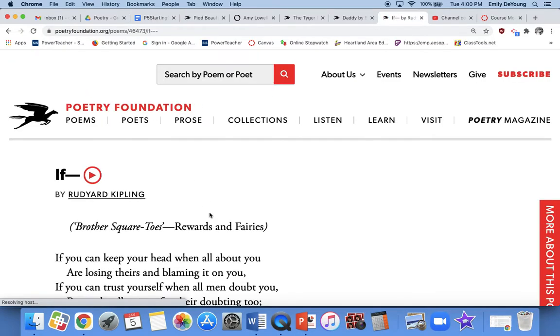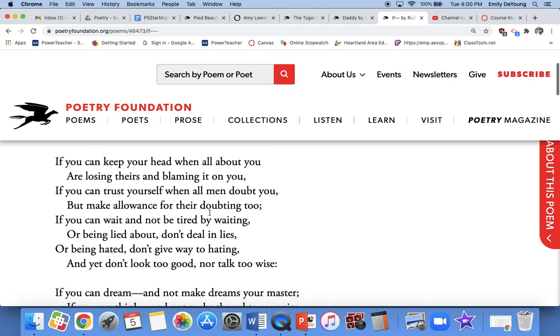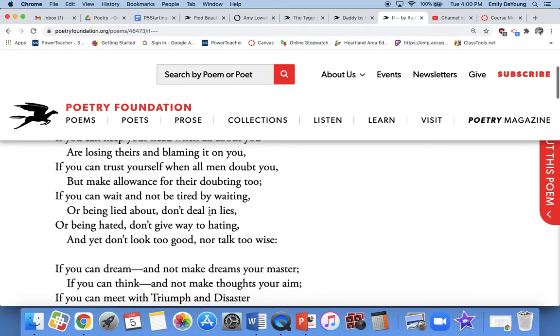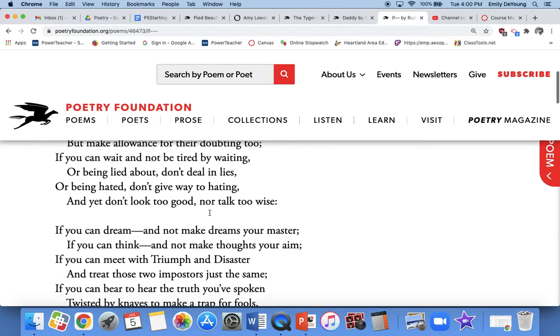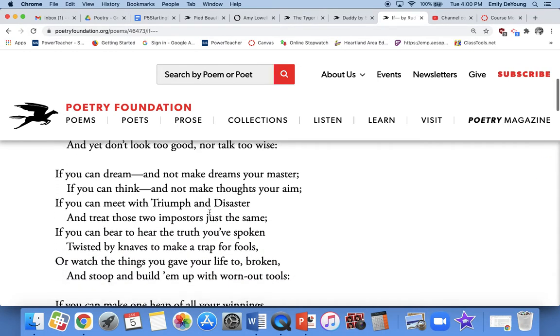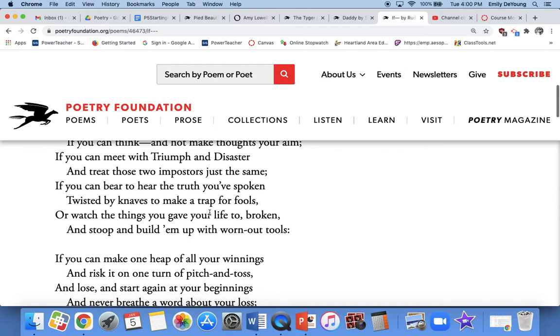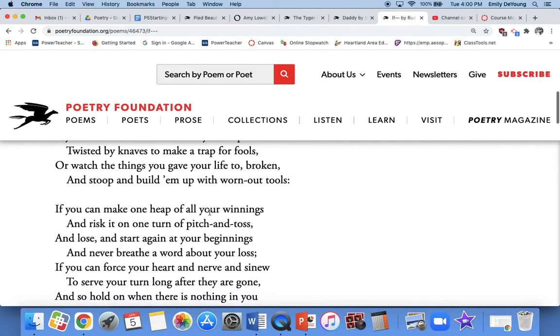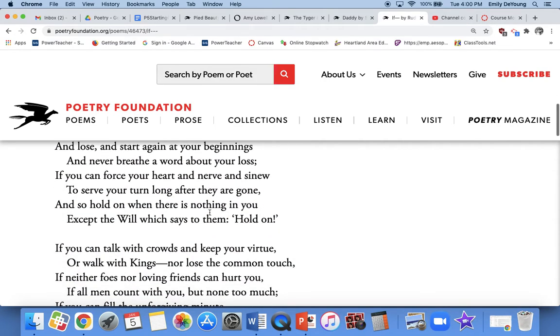I'm going to go back through his poem, skim through it. Dream, if you can, triumph, disaster, bear truth, make heap of winnings, risk.